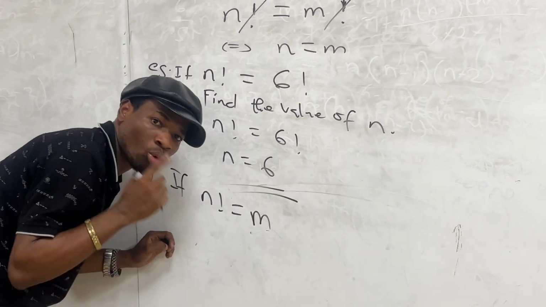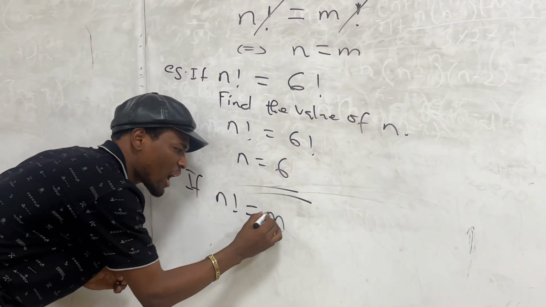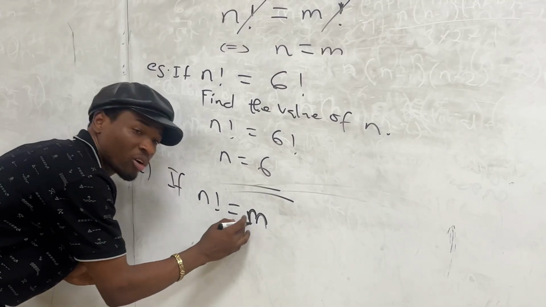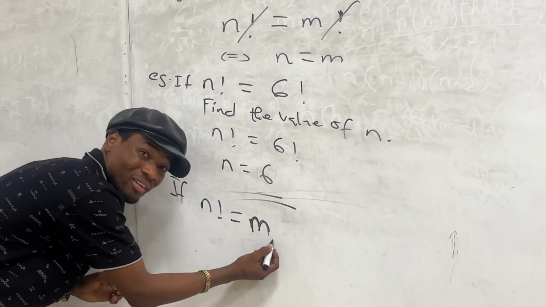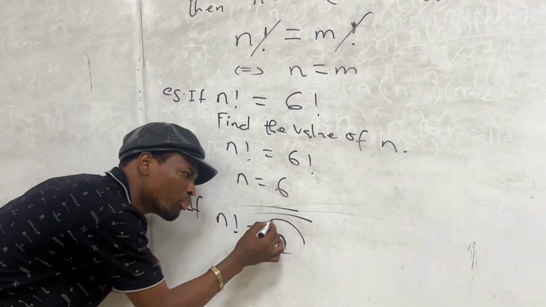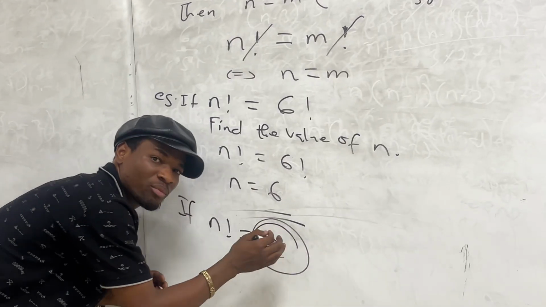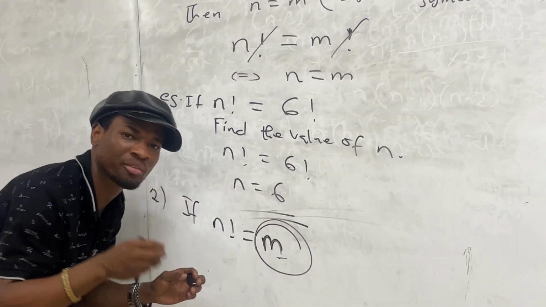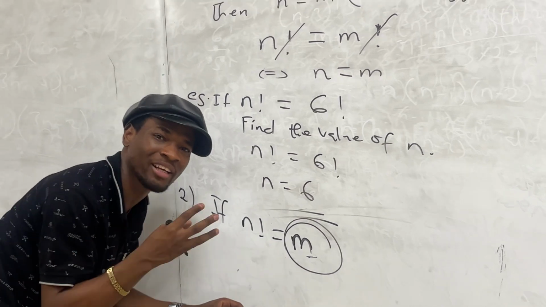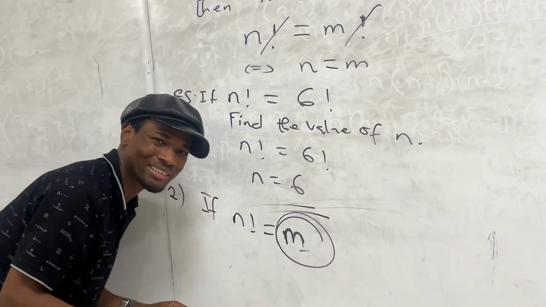Because this one has a factorial symbol, you adjust the other in a way for it to attain the factorial sign.